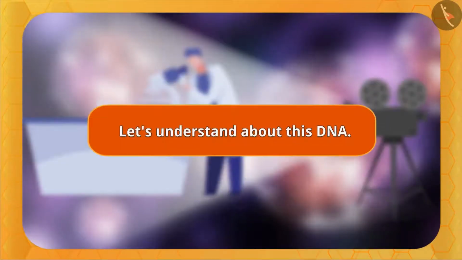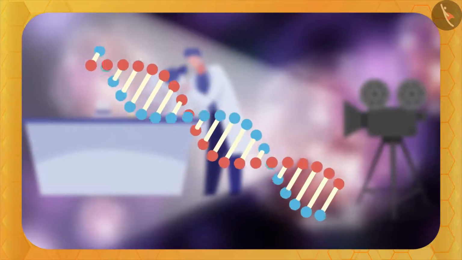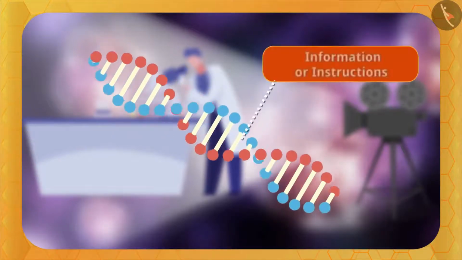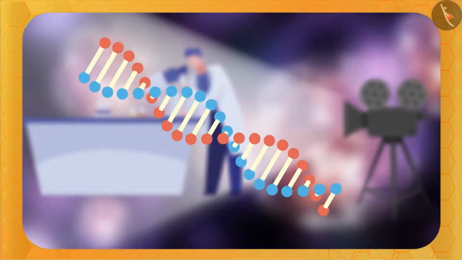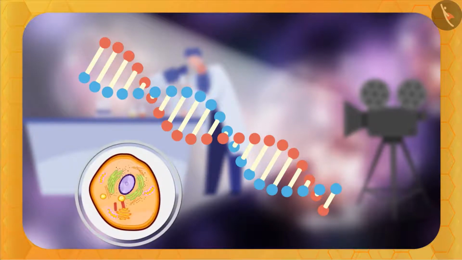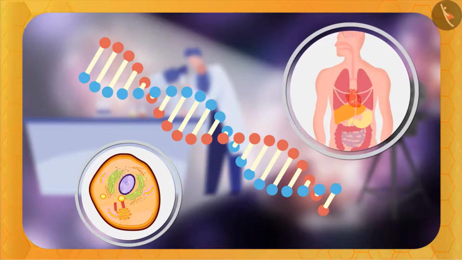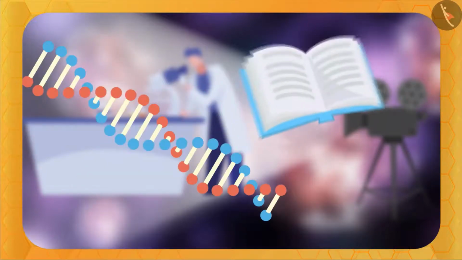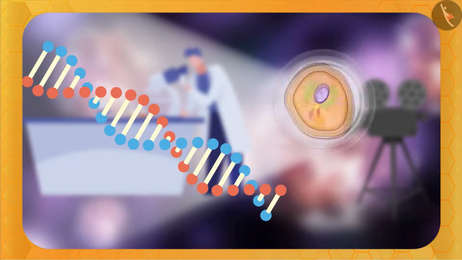Well, let's understand about this DNA. This is how DNA looks. The coding you see in the middle of the structure is the information or instructions. Information like what will be the structure of the cell, what will be the work, and how the structure of the body will be, etc. The way a book contains information, the DNA contains information or instructions related to the cell.